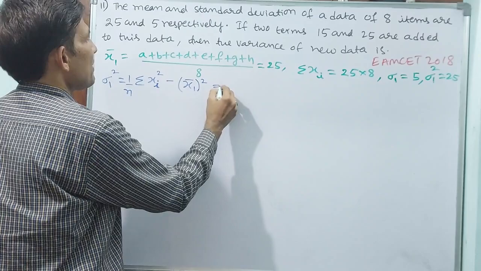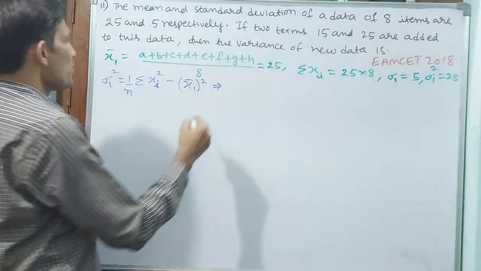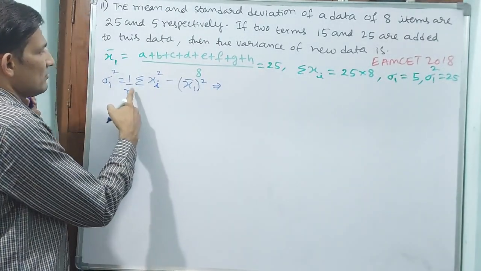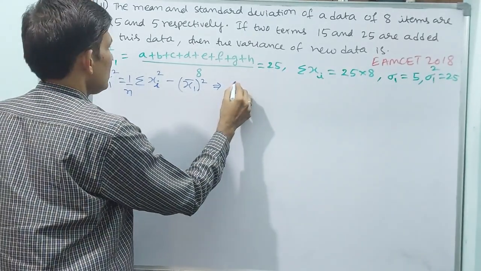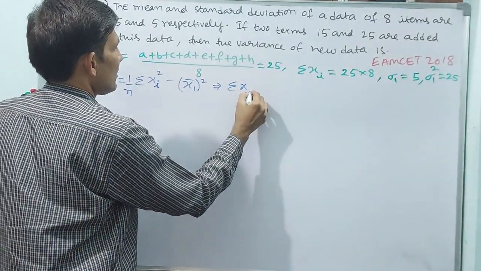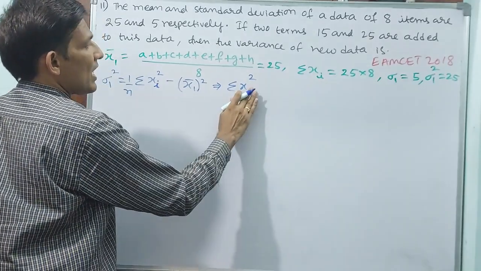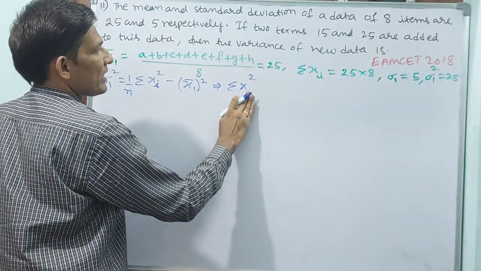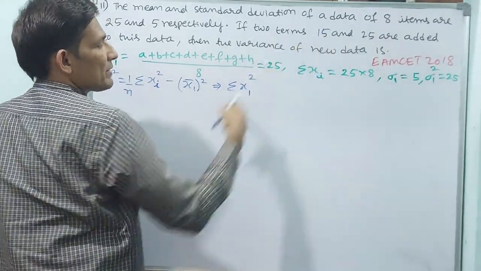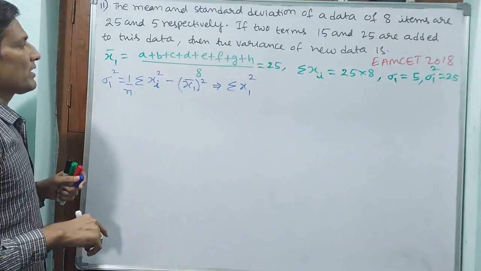That means 25 is equal to, or else we will write like this, sigma x1 square, because x2 means again 15 plus 25 we will add afterwards.